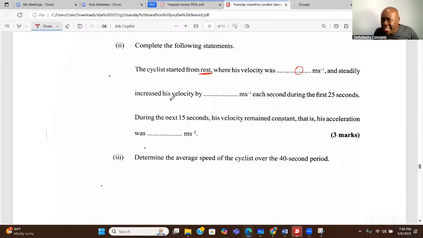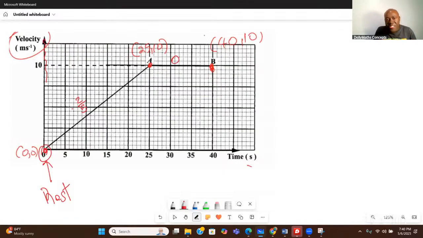And steadily increased his velocity by what? Look on the graph. You're increasing your velocity by this gradient, 2/5. Every 5 seconds, we go up 2. So at 0, then 5 seconds, 2 meters per second. Another 5 seconds, 4 meters per second. Another, 6 meters per second, and it keeps going.